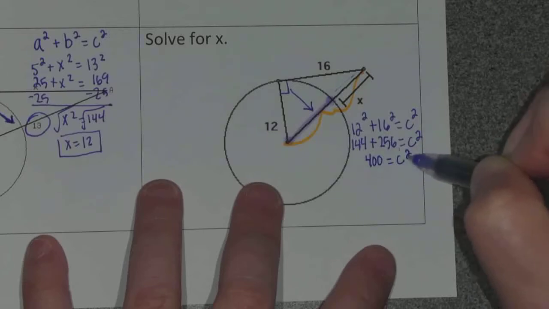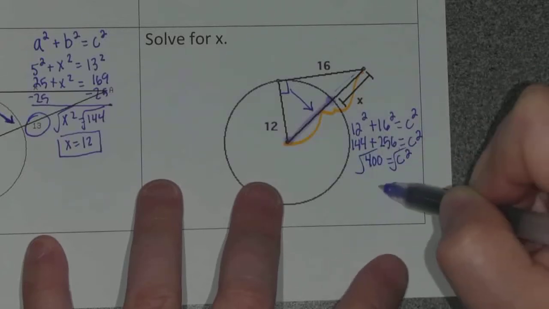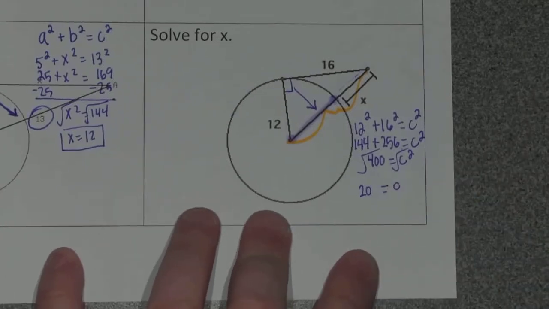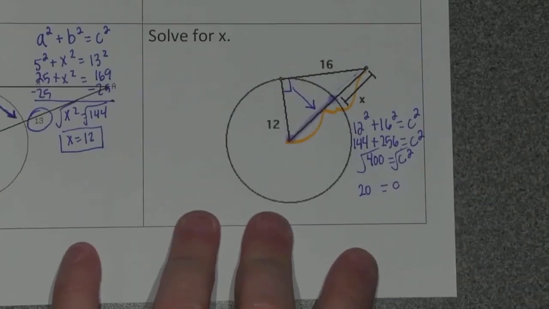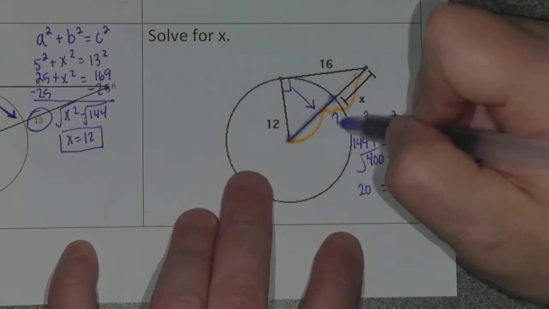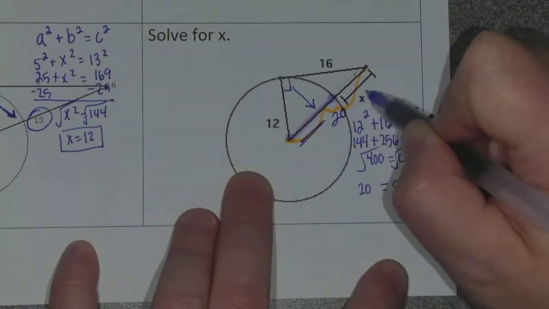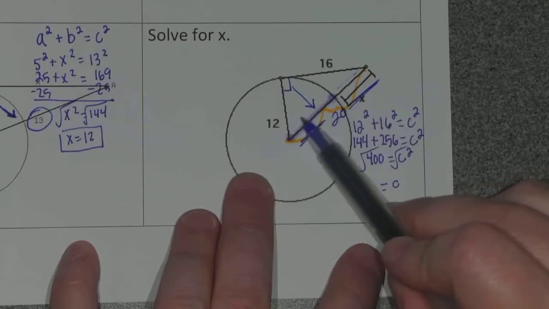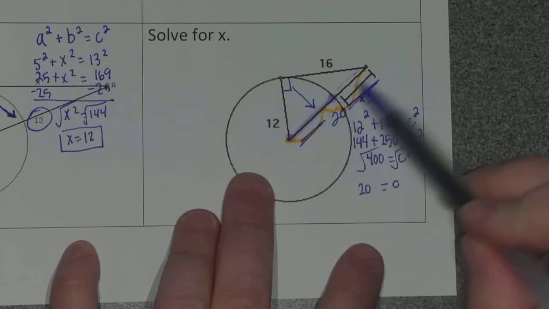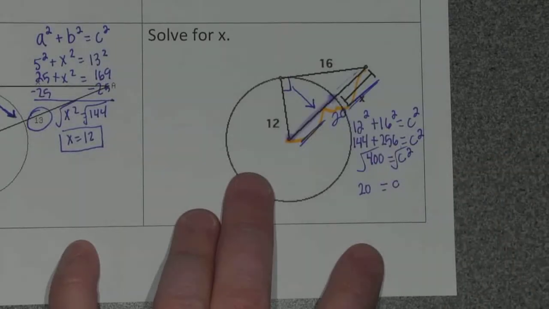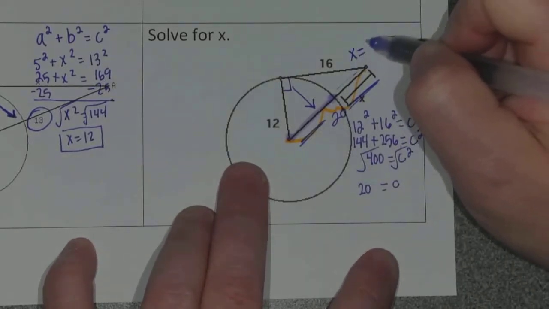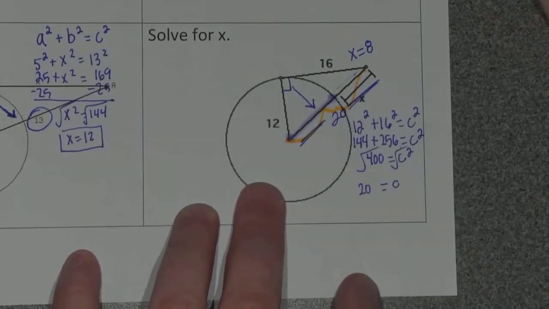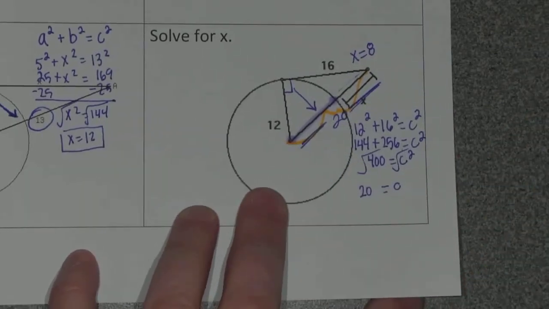I love it when it works out nice. Square root both sides, and I get C equals 20. That is not the number I'm looking for, though, is it? This whole side over here measures 20 from here all the way to there. I just need this X value. I know from here to here measures 12. So how much is left? 8. X has to be 8 because of the radius that I knew. All right, questions on how to do those problems?